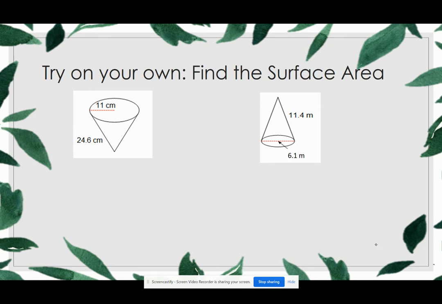Alright, so we have pi r L plus pi r squared. So pi times 11 times 24.6 plus pi times 11 squared. 3.14 times 11 times 24.6 gives me 849.684 plus 3.14 times 11 times 11, 379.94, and add them together.